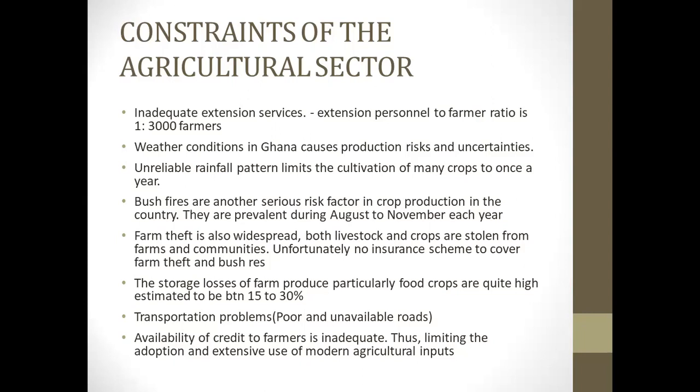So in Ghana here, we could see that the extension services ratio to farmers is 1:3,000, which is also very poor. And this is a challenge to the productivity of the agricultural sector.